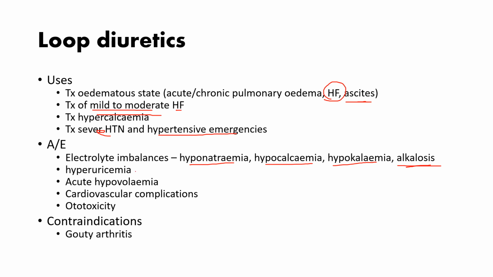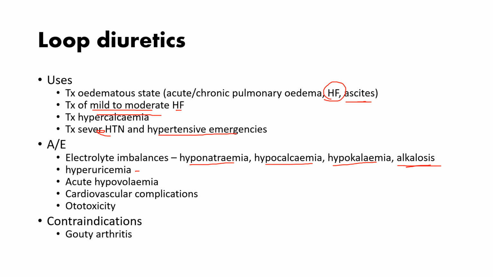So this is the same with thiazide diuretics, the same mechanism, same principle. We create hyperuricemia when we use loop diuretics because they can inhibit or block the organic anion transporters that transport uric acid from the bloodstream into the tubule, which means that uric acid builds up in the body, and that can exacerbate gout and things like that.